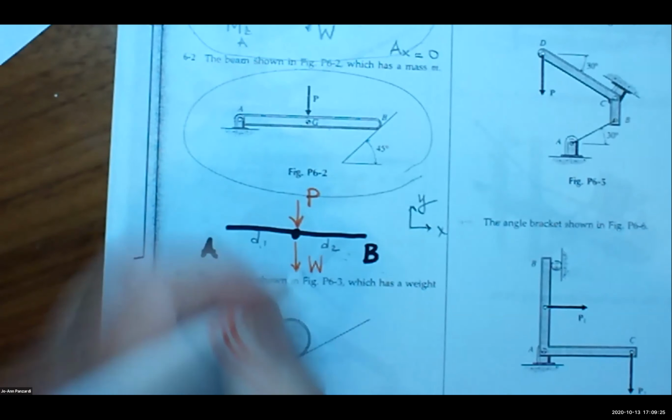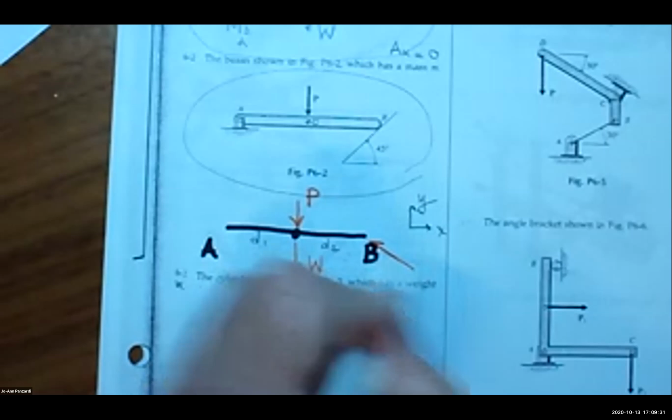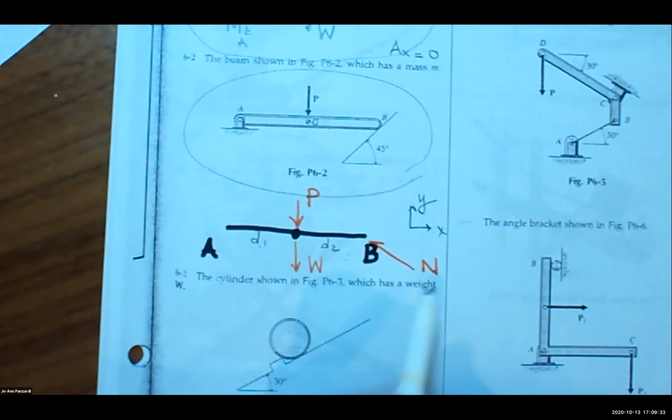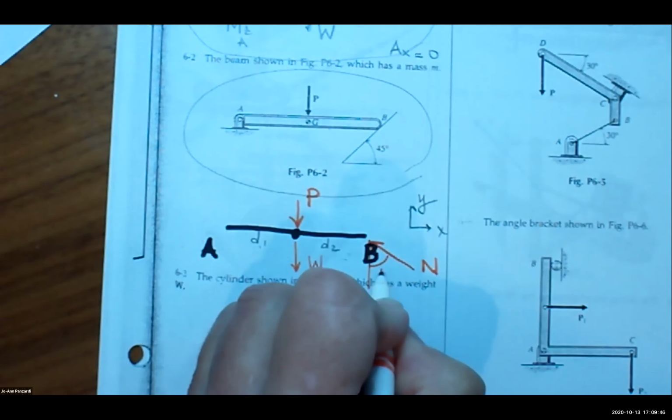The weight. What else? What's going on at B? There's a normal. And since there's only one normal, you guys, problems are going to start getting more complicated. Since there's only one normal and one weight, just call it N and W. Don't put any subscripts. And then this distance here is 45 degrees.